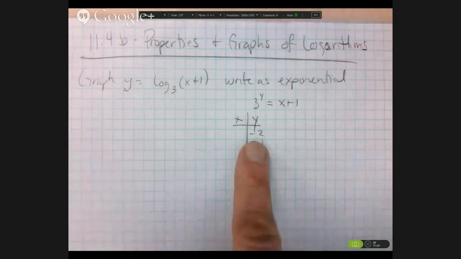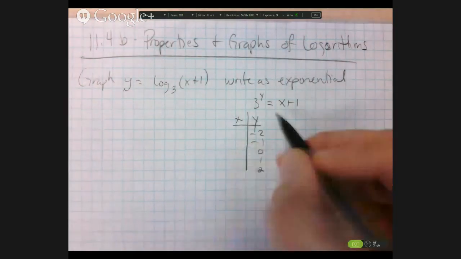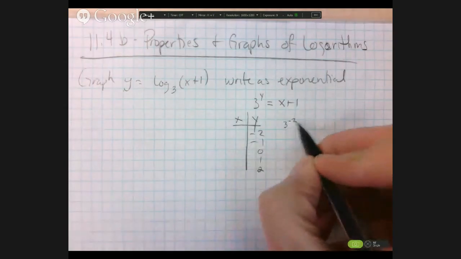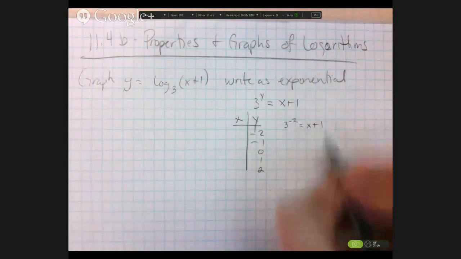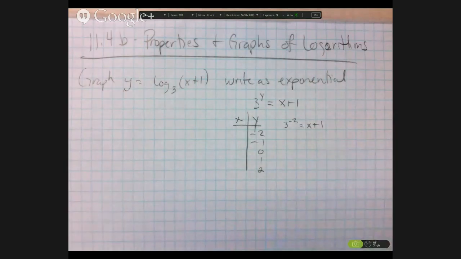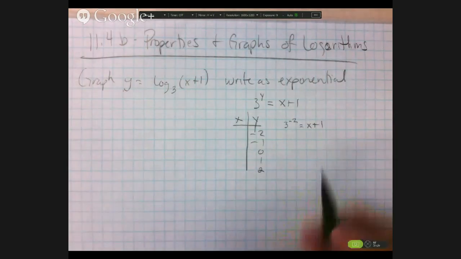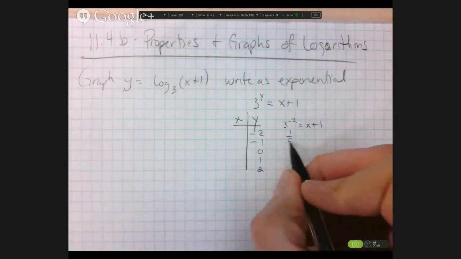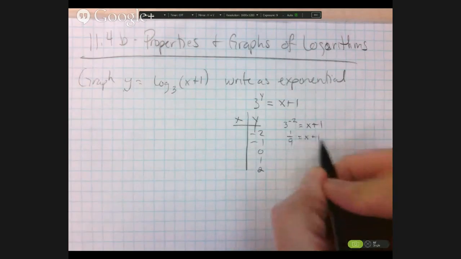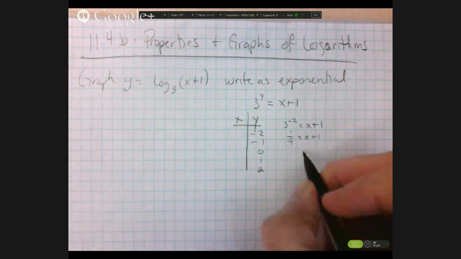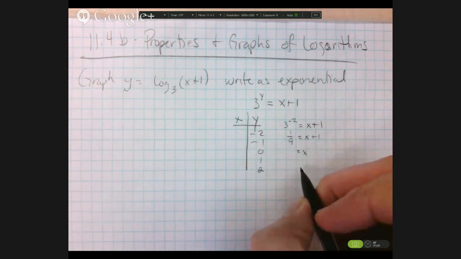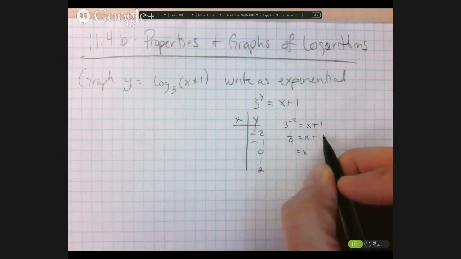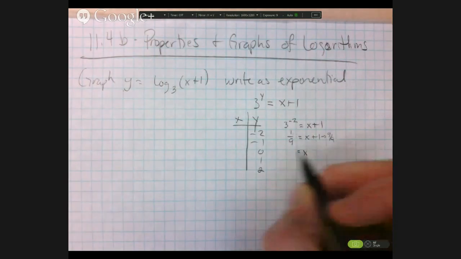So for -2, we have 3 to the -2 equals x plus 1, right? Yeah, 1 over 9 equals x plus 1. What is x? 1/9. Okay, you can write that as 9 over 9. What's 1 minus 9?